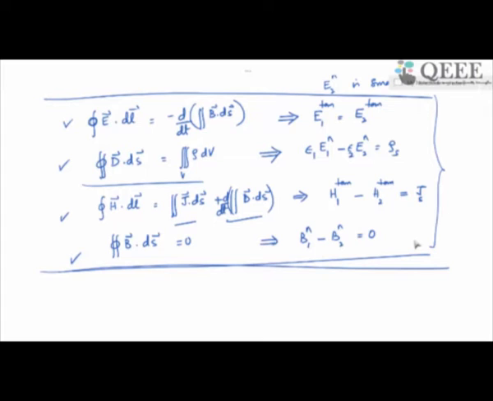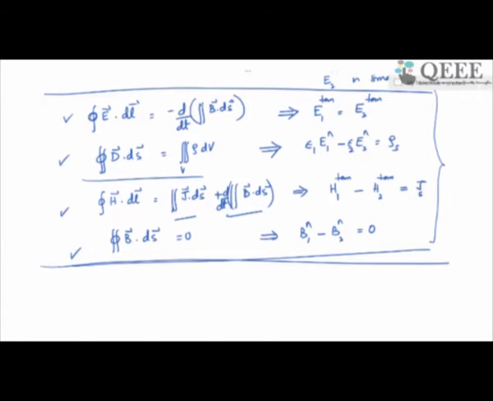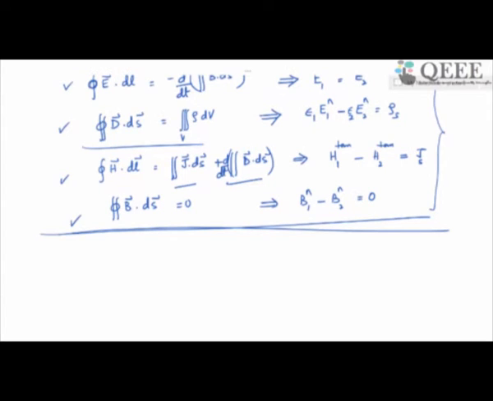This tells how the electric field and magnetic field behave when there is a change in medium. But let us say I want to know how the electric field and magnetic field behave in a homogeneous medium. That is given by the differential form of Maxwell's equations.